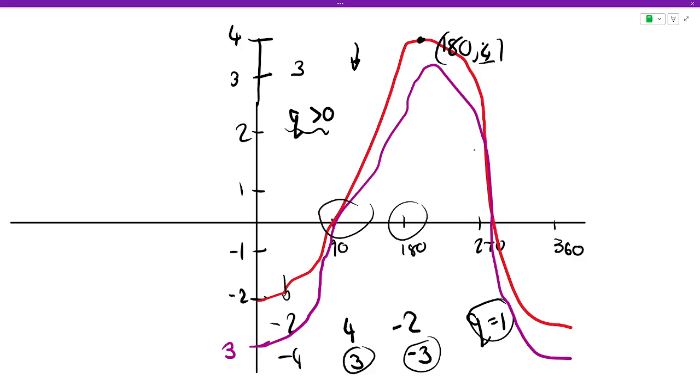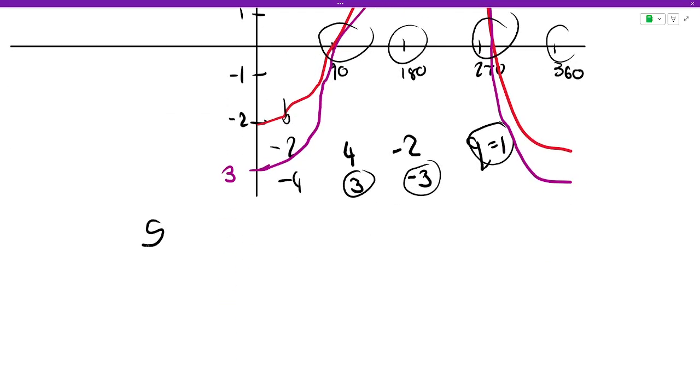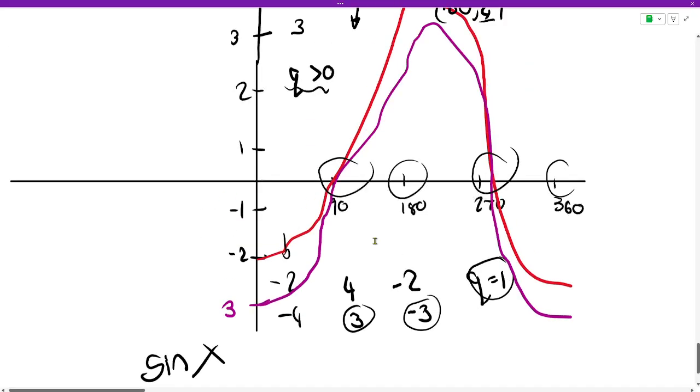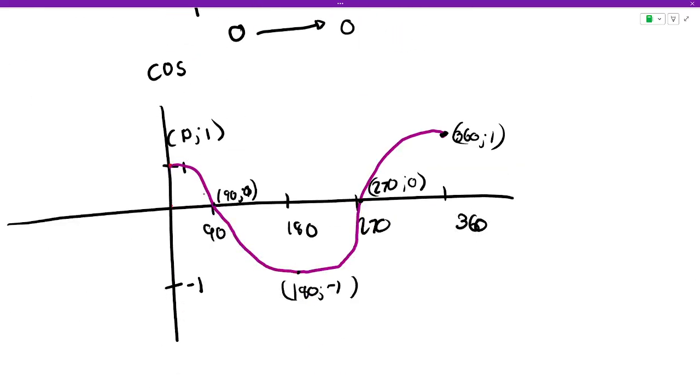And because we've identified the vertical shift, that shift did not change the graph itself. And by 270 it's at 0, not by 360. So we know now that okay, it's not sine. It's not a sine graph. It is in fact a cos graph. Because a cos graph, as you can see here, by 90 and 270 it hits 0.